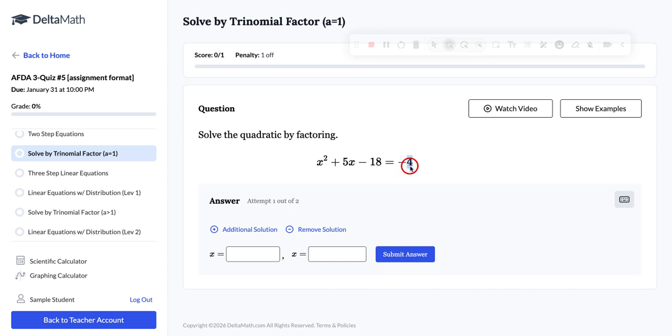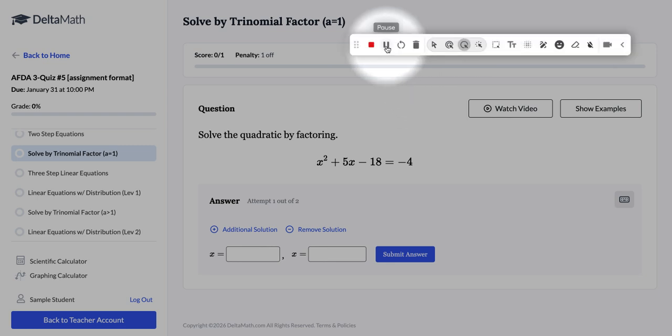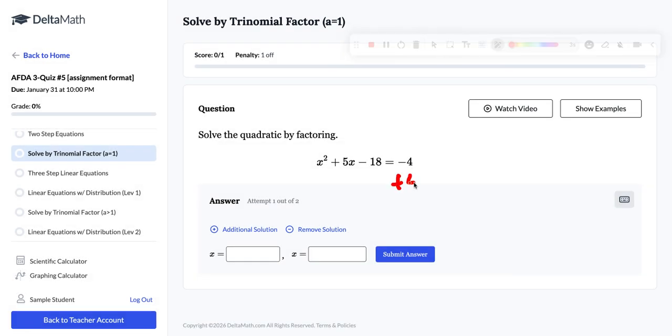So you're going to remove this -4 by adding 4 here. And when you add the 4, it's going to add to the -18. So you're going to rewrite this as x squared plus 5x minus 14 equals 0.